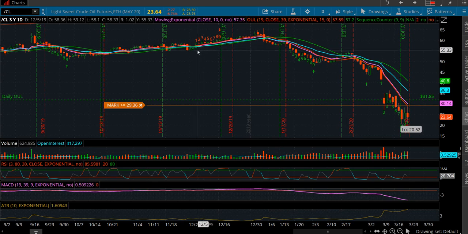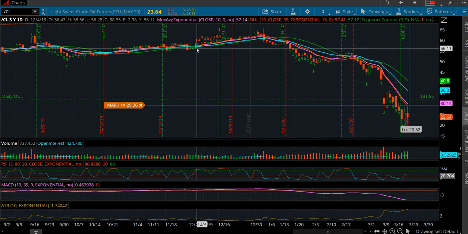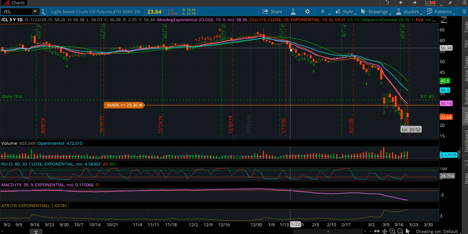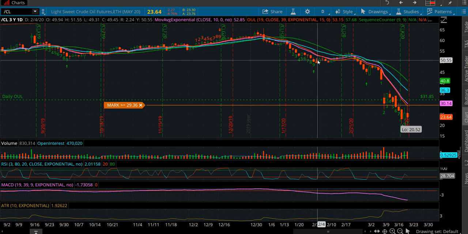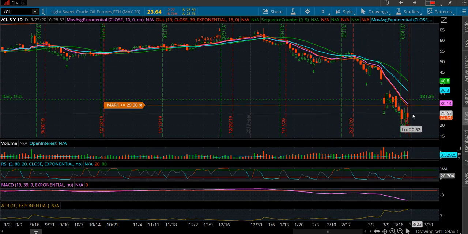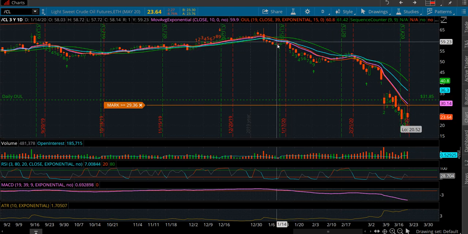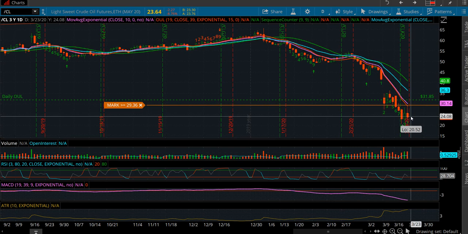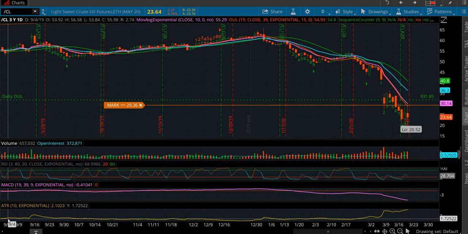It broke below this support right here. This was daily support in oil, and I got in right here. I could have gotten in back here, but I didn't. I got in here. And as price proved itself to me, it took the fear out of my trade, and I've ridden this all the way down. Okay? And it's going lower.